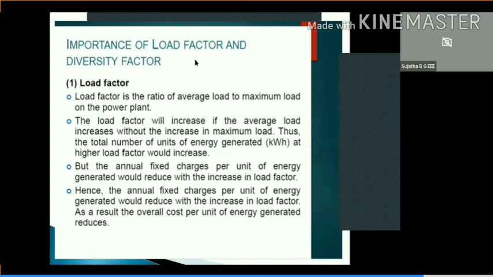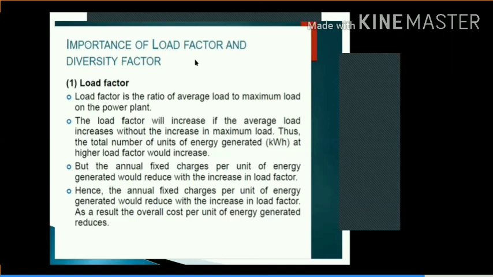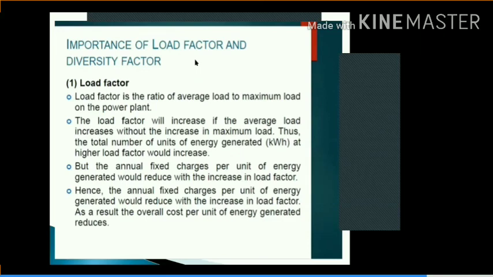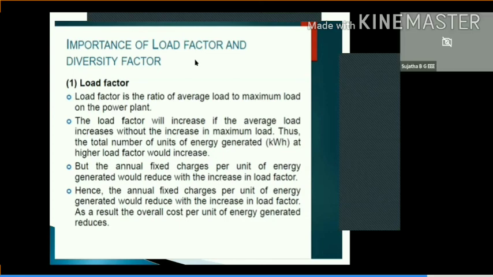That can be compensated if you increase the load factor. The annual fixed charges per unit of energy generated would reduce with an increase in load factor. As a result, the overall cost per unit of energy generated can be reduced. That's why the system always encourages you to increase your average load. You have to consume energy because the system is generated depending upon your maximum load on the station. So load factor should be high so that the overall cost per unit of energy generated can be reduced.